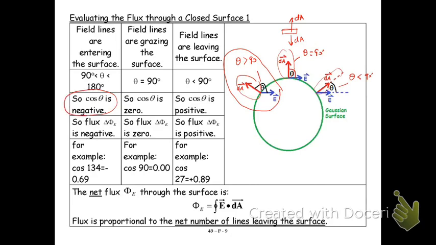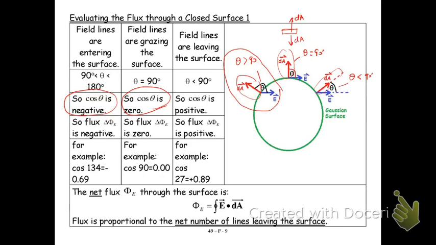When the electric field line goes into my Gaussian surface, it's an arrow going in, and so we call that a negative flux. When it grazes the surface at 90 degrees, then the cosine theta equals 0, so there's no flux. The arrow does not enter.